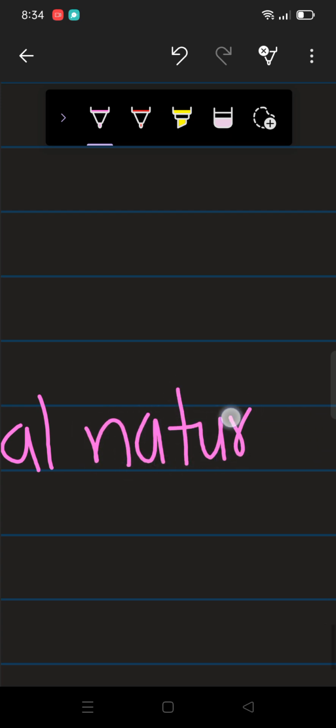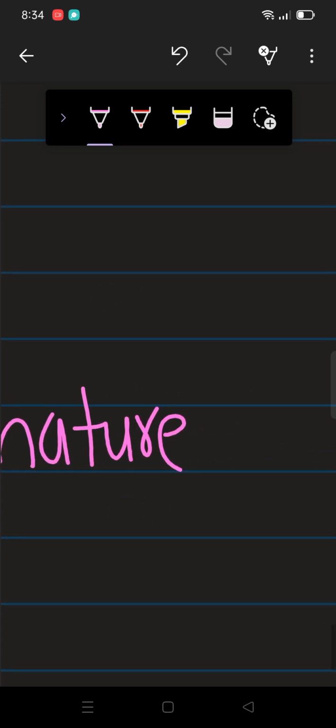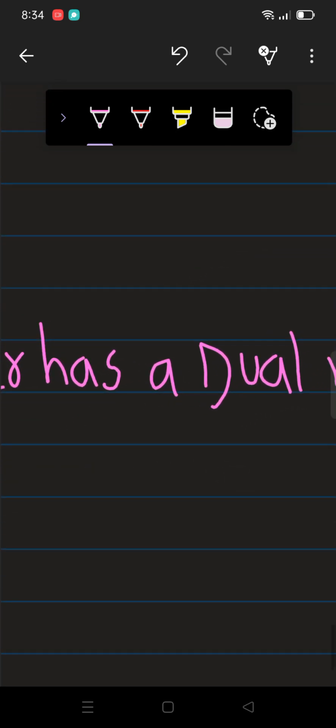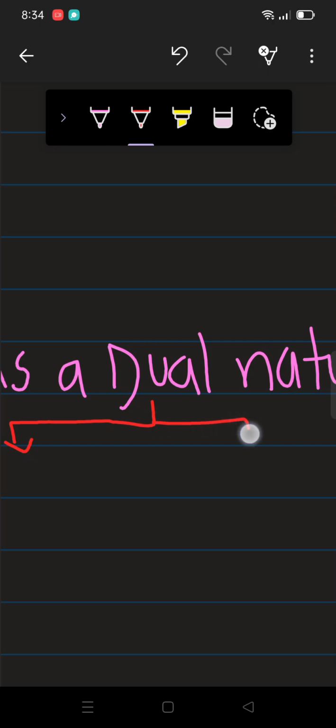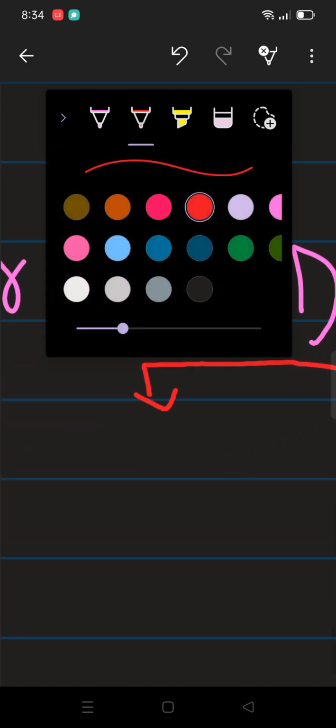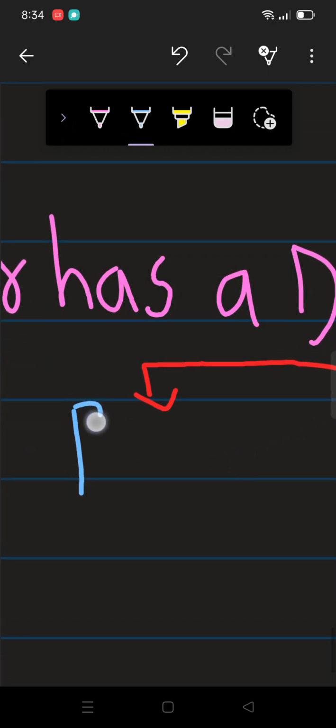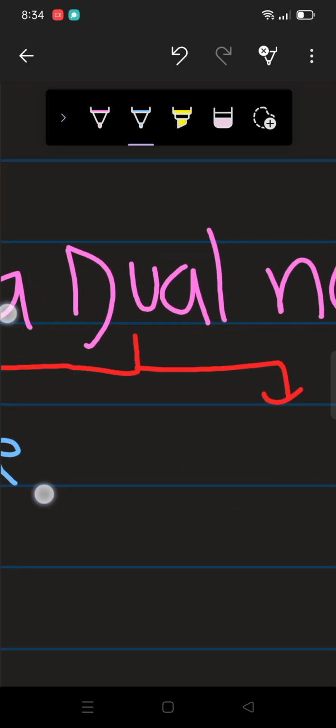It can either behave as a wave or it can behave as a particle as well. So it has dual nature, right? Either particle or wave.